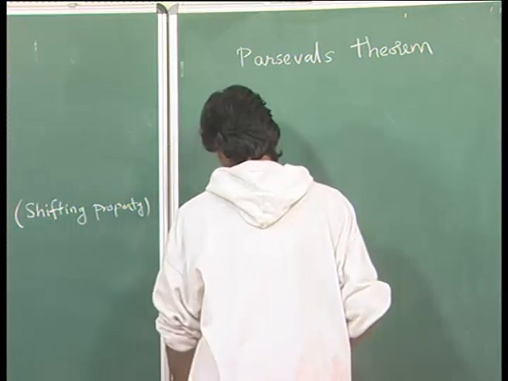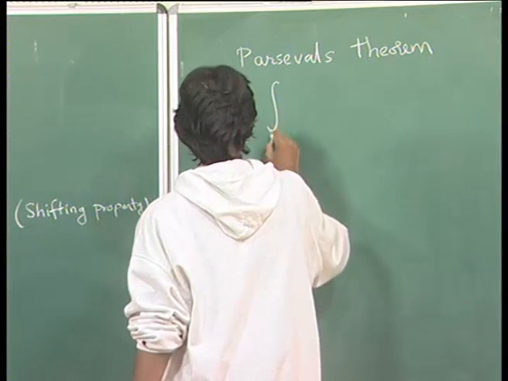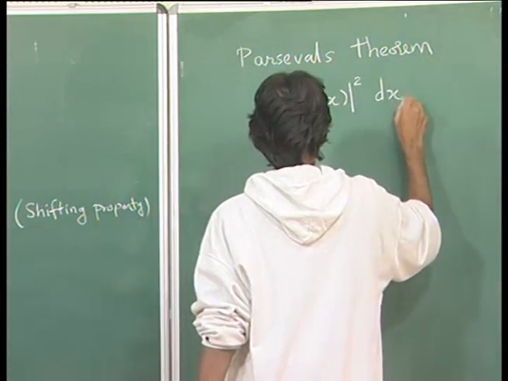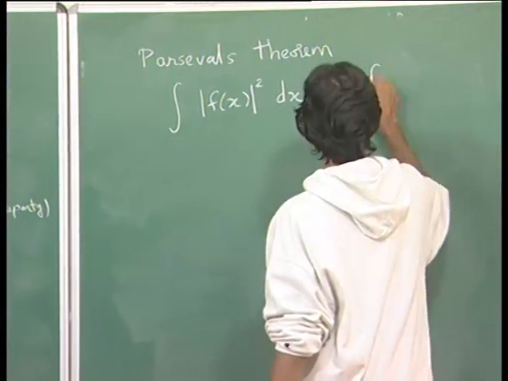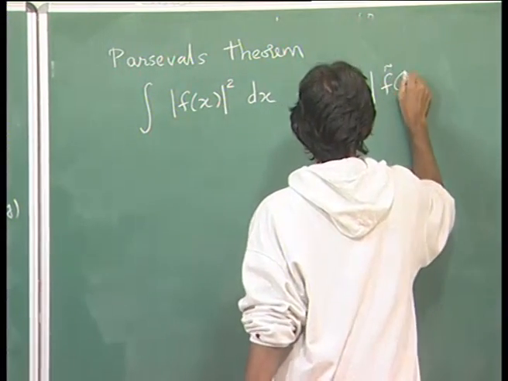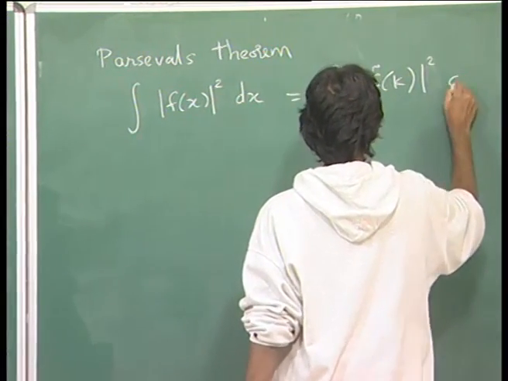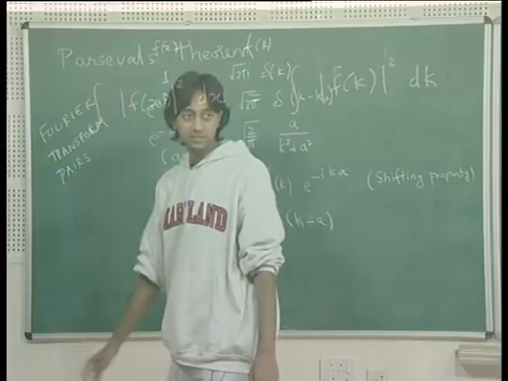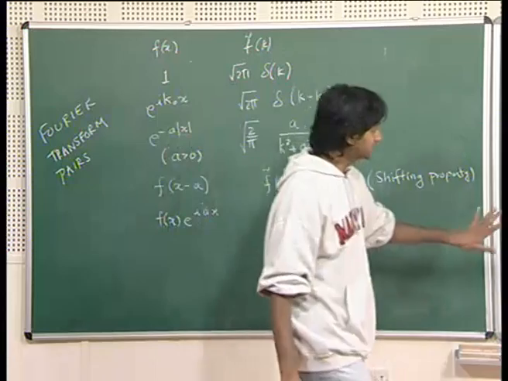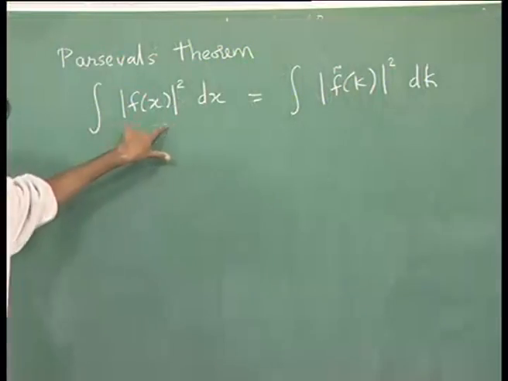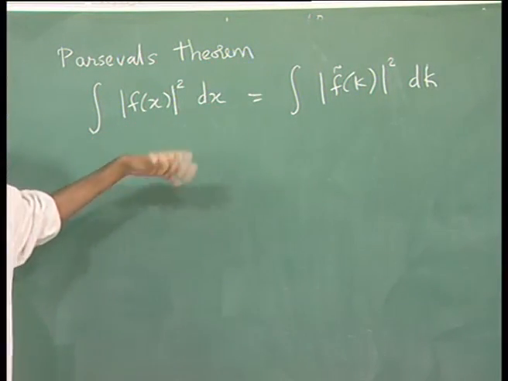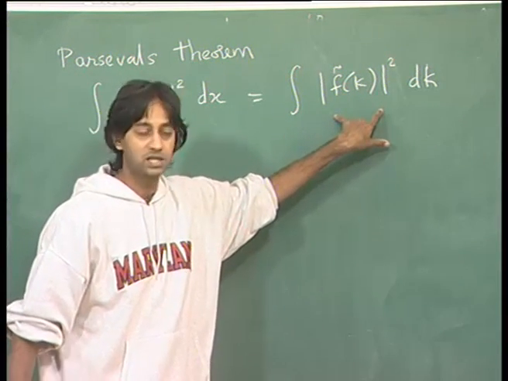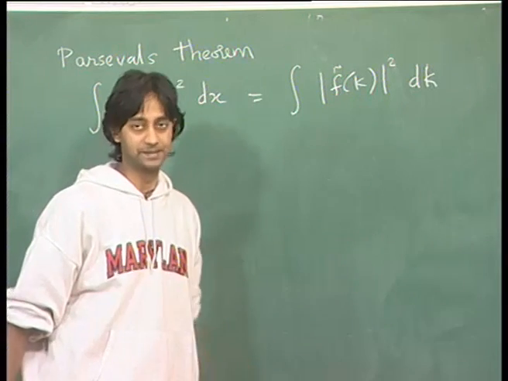It basically states that the integral of f of x squared dx is equal to the integral of f tilde of k squared dk. So this theorem states that the area under the square of f of x is the same as the area under the square of f tilde of k under dk.